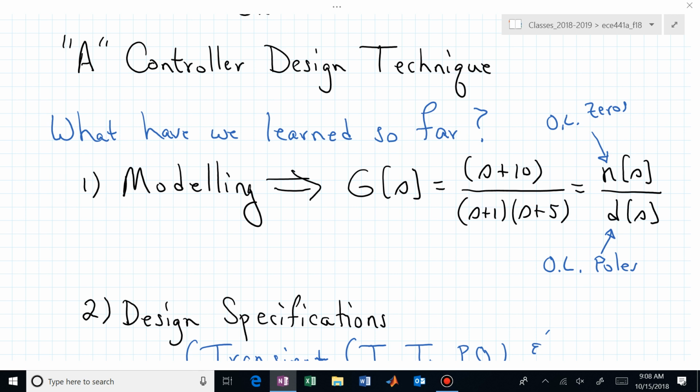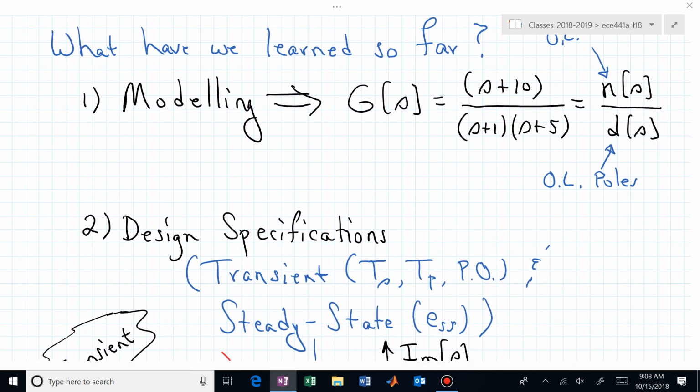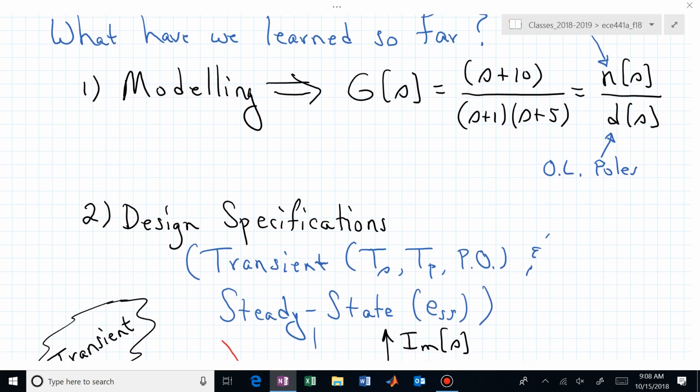But there is what we've had on, let's say, exam number 1. Now we've moved into exam number 2 material, and in particular, one of the parts of exam number 2 is concerned with design specifications.